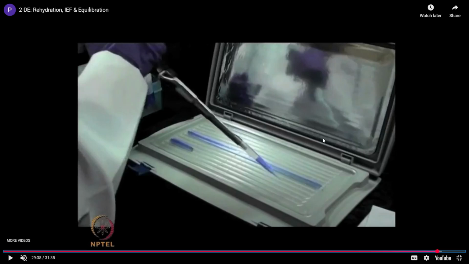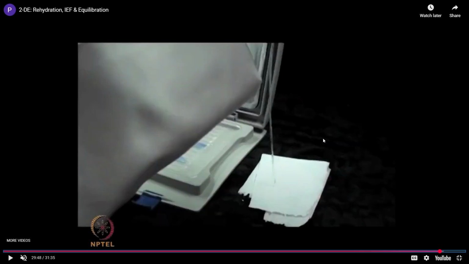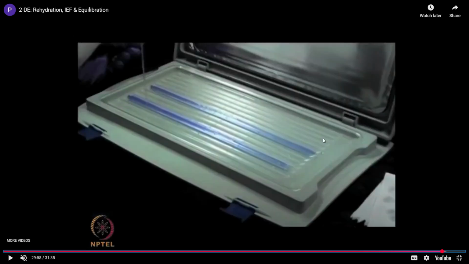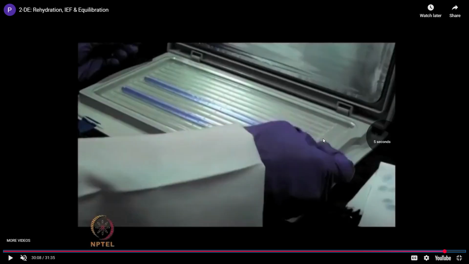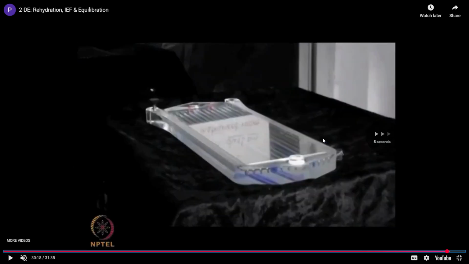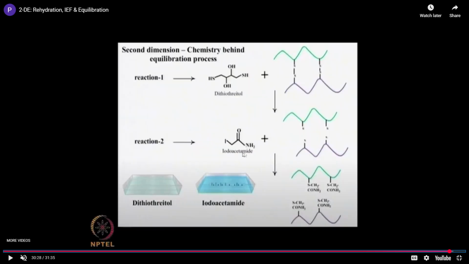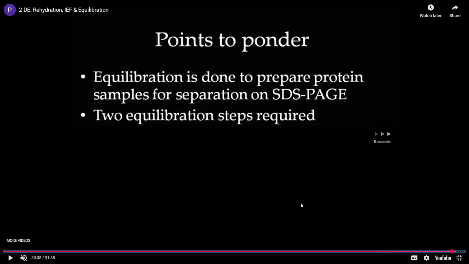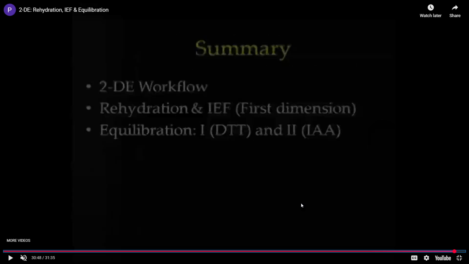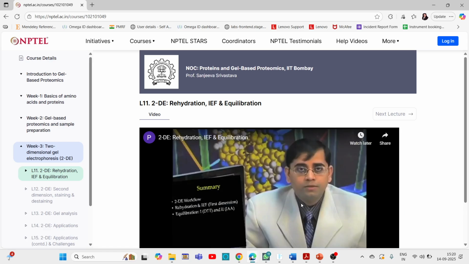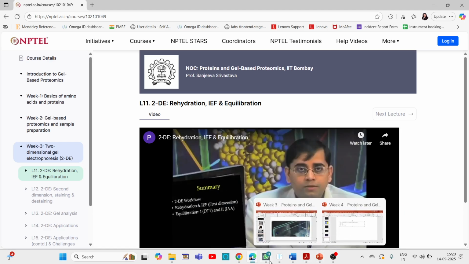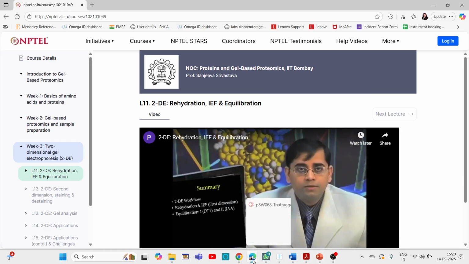In the second step, you will add the second buffer. You remove the excess initial equilibration buffer with tissue and keep the strip in the second equilibration buffer, which has iodoacetamide. It adds this group to the sulfhydryl group and doesn't allow the reformation of the disulfide bond, and now it has been equilibrated. Now it can be used for SDS-PAGE. So that's how the first dimension of 2D works.